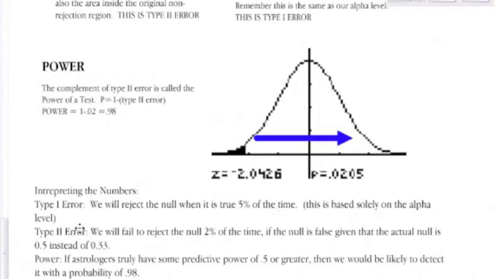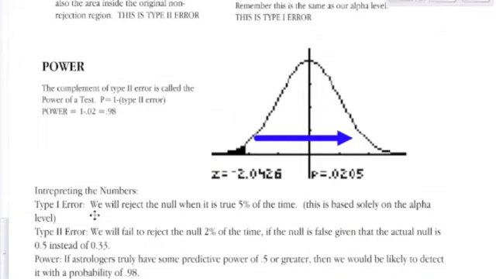A type 2 error: we will fail to reject the null 2% of the time if the null is false, given that the actual value is 0.5 instead of 0.3. Remember, your type 2 error is based on a suggestion of an alternate mean rather than the assumed given mean at the beginning. And then your power, here's kind of a conclusion statement.